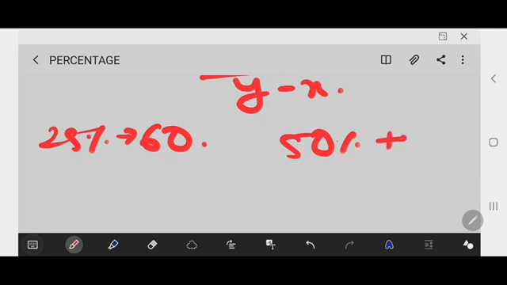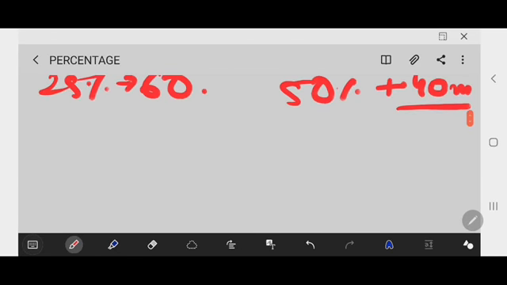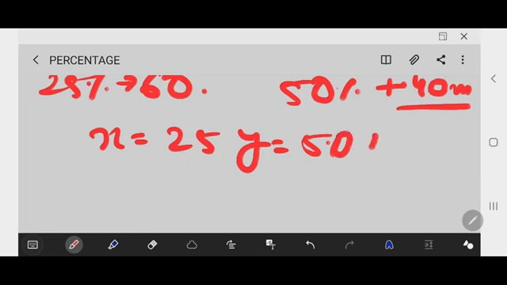So finally, what is the maximum marks for the examination? Here we go with the trick. Here X is equal to 25 and Y is equal to 50%, A is equal to 60 and B equals 40.